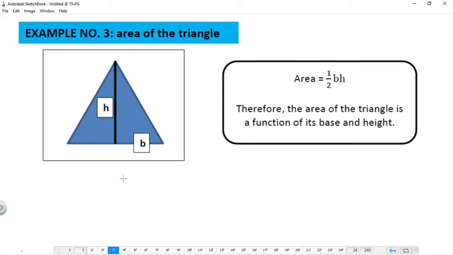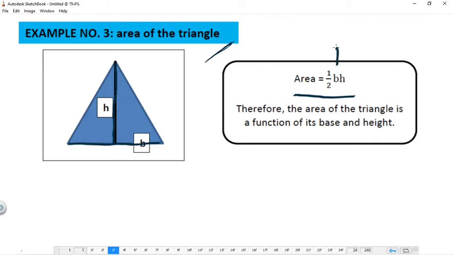For example number 3, we will determine the area of the triangle. We represent this as our base, or small letter b, and this line or dimension as height, or small letter h. We already know that area is equal to 1/2 times base times height.